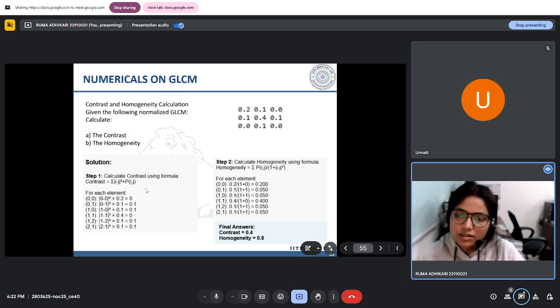That way we get the contrast. Similarly for homogeneity, this is the formula, and this is how we do it at the 0 0 position, then the 0 1 position, and like this we will go. For the final answer, we add all these outputs, and we get the contrast, and similarly we get the homogeneity.